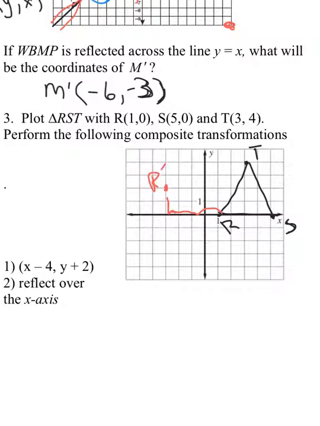S will move 1, 2, 3, 4, up 2. And T will move the same way. So 1, 2, 3, 4, 1, 2. You'll have a point just off the grid, not a big deal. T prime. We'll connect it the best we can. Yeah, not bad.